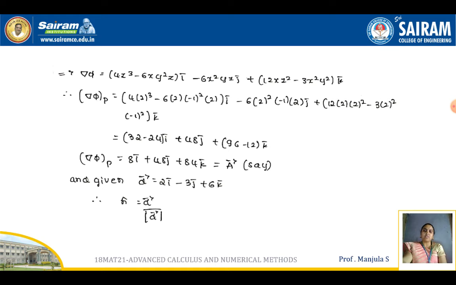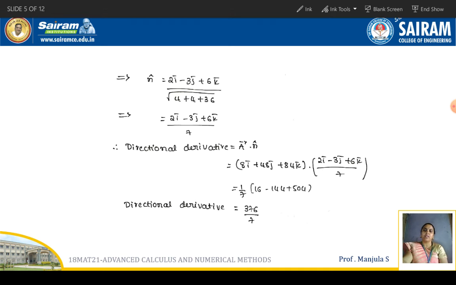So n cap, as we already defined, is vector D divided by the modulus of vector D. So n cap is 2i cap minus 3j cap plus 6k cap divided by square root of 4 plus 4 plus 36. On simplification the denominator is 7.